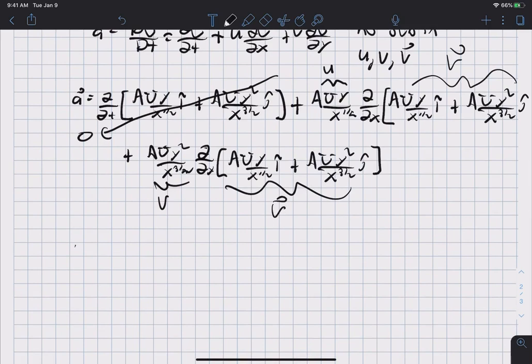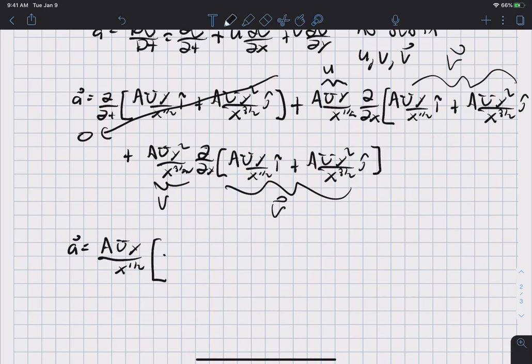So then the acceleration equals a u y over x to the 1/2 times the x derivative of this function over here.